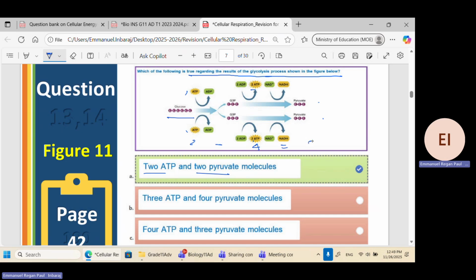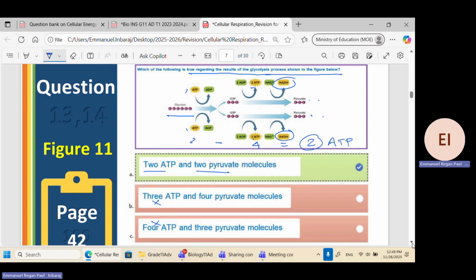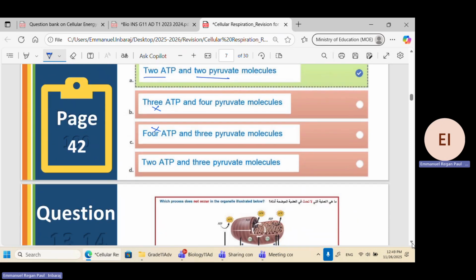So that will give you 2 molecules of ATP, 2 molecules of NADH, and 2 molecules of pyruvate are produced. So you have 2 ATP and 2 pyruvate. 3 ATP cannot be the answer, so wrong. 4 ATP is not the answer, so that is also wrong. Okay, and of course, 3 pyruvate.